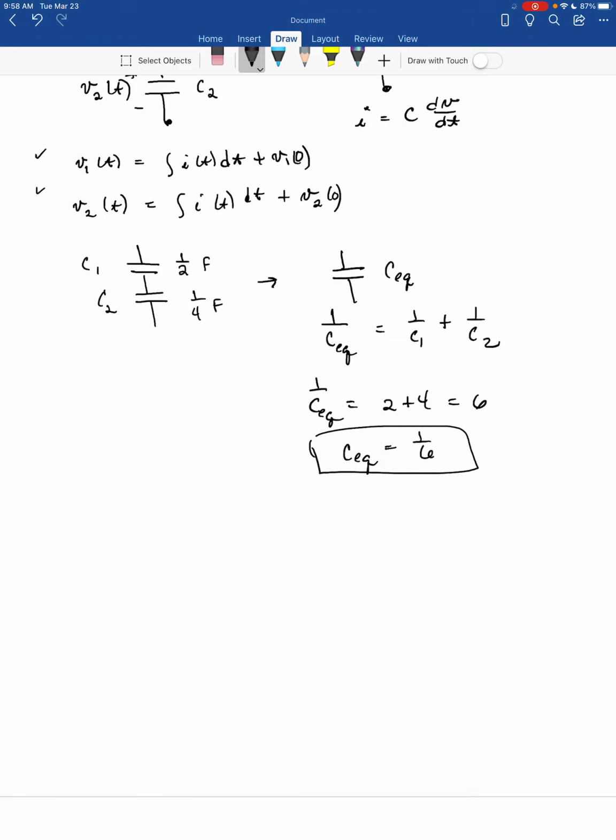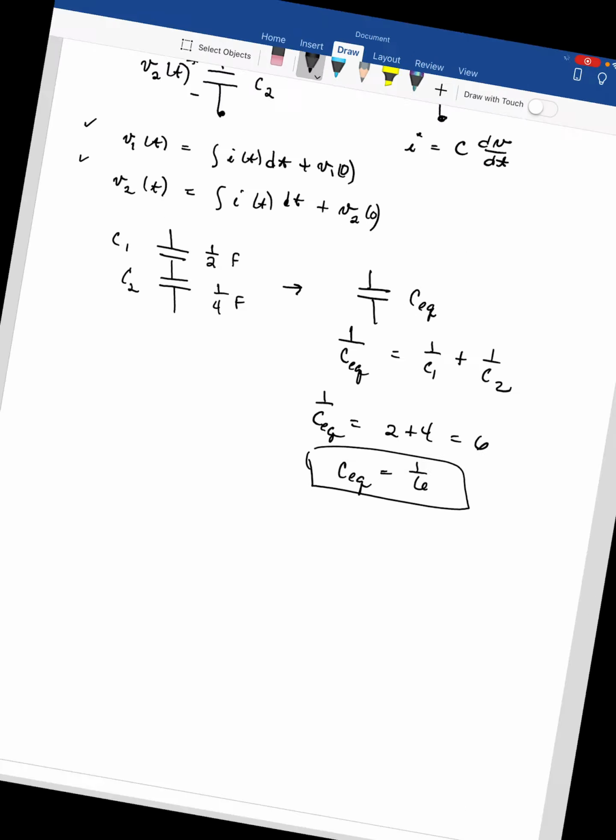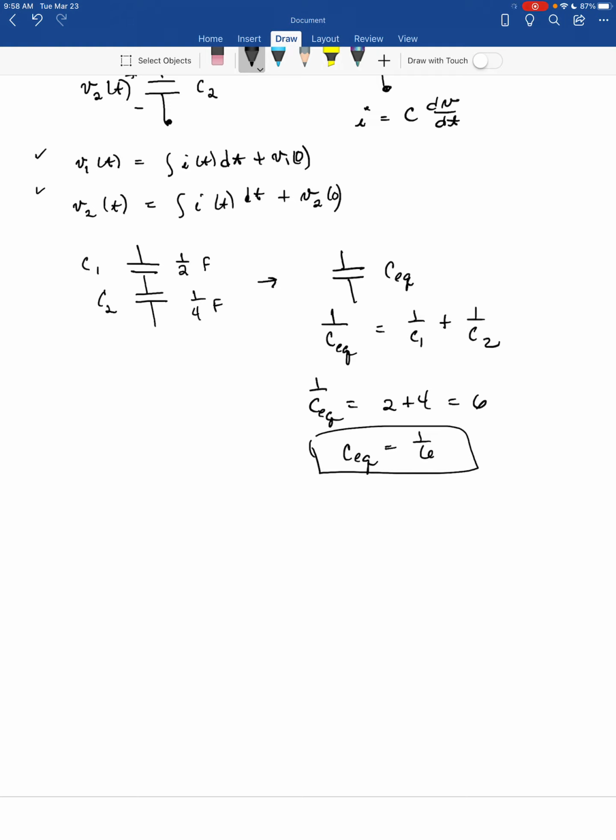Let's look at a situation where we're given a current and an initial condition on the voltage. Sorry, I need to lock this where it doesn't rotate. Let's let I of t be, let's go ahead and let it be 3t.